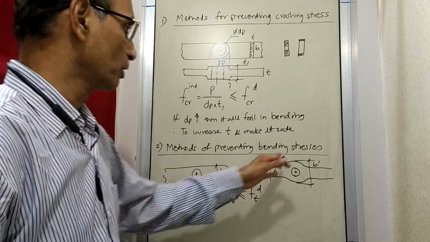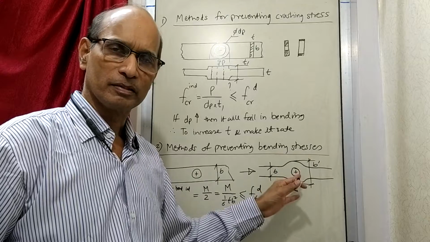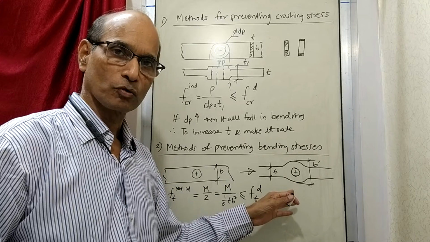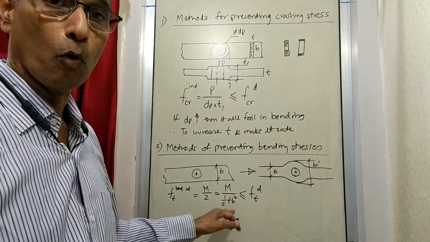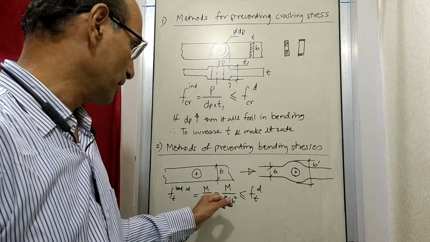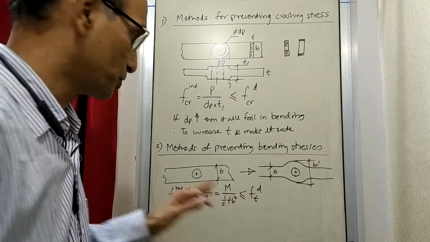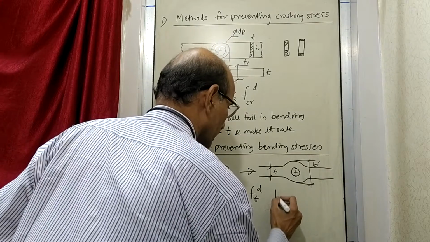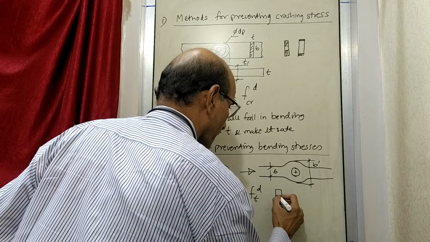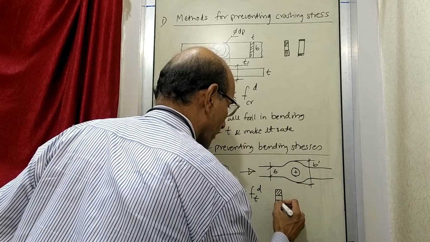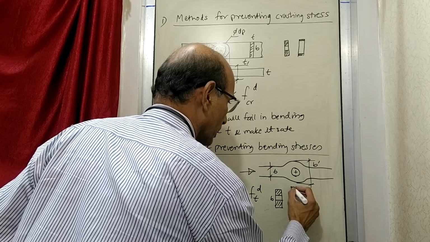So only where it is required, the size is changed, so that the section modulus will be now more and the induced bending stress will be less than the design stress. So maybe earlier it was like this, B, and now it is more.